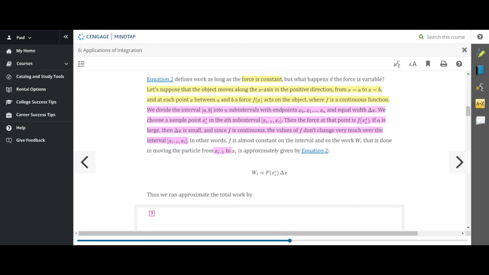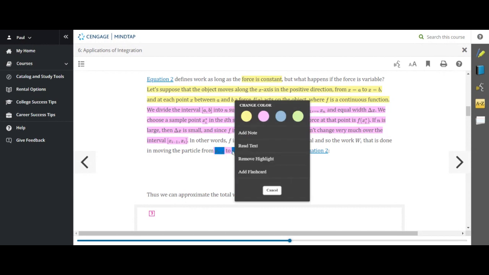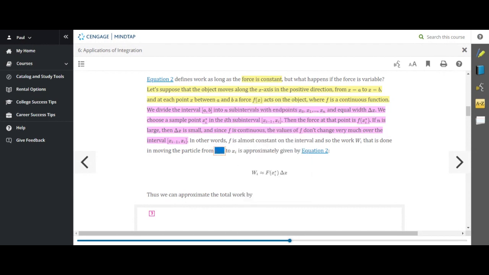Okay, so in other words, if I want to compute the work in moving the particle from x sub i minus 1 to x sub i, which means move it along the length of that subinterval, then work is force times distance.